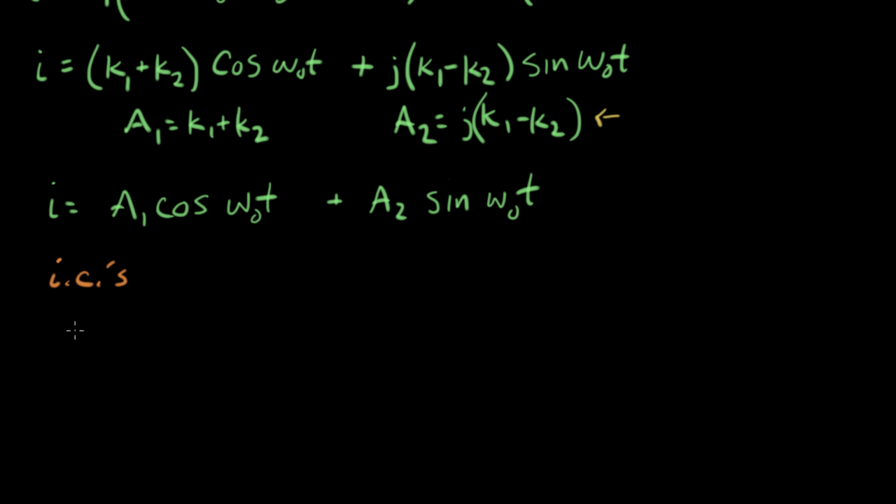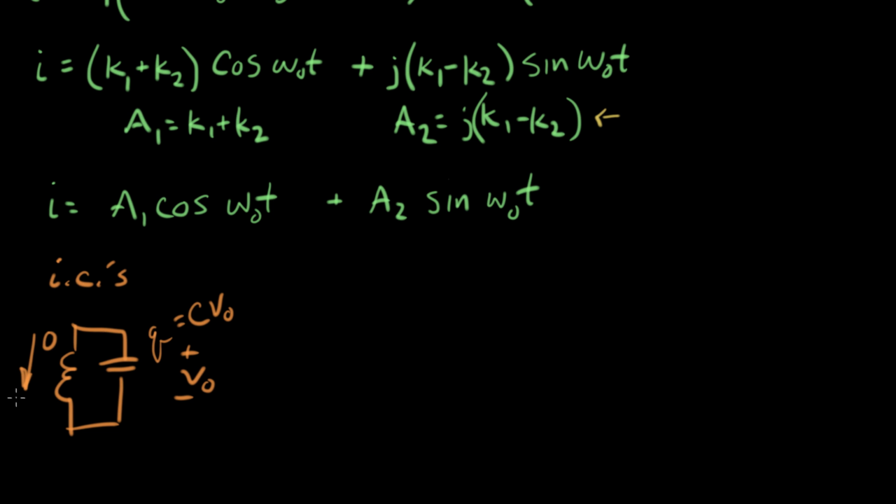If we think back, we remember that in our original schematic, we had some Q here, which means we had a plus or minus V naught. And we said the current through here started at 0.